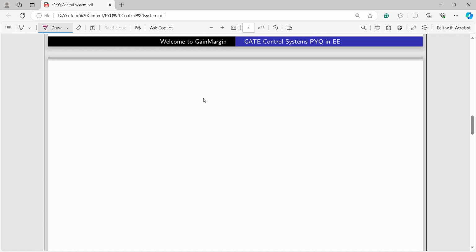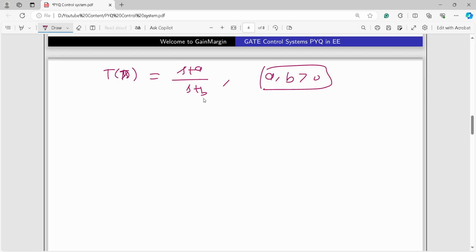So T(s) is equal to (s plus a) by (s plus b). Here we are saying a, b greater than 0 because we want the system to be stable and minimum phase. Okay, the zero should also be on the left hand side.